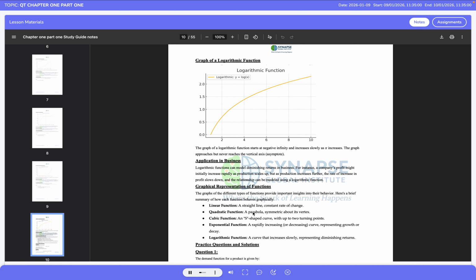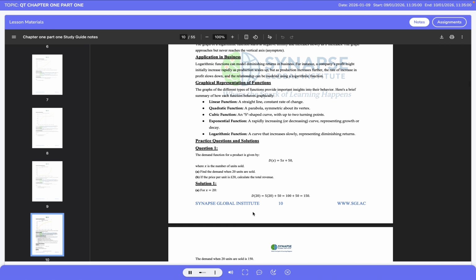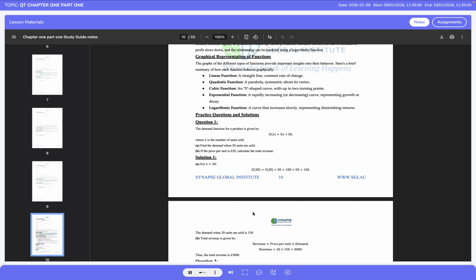An exponential function appears as a rapidly increasing or decreasing curve representing growth or decay. A logarithmic function appears as a curve that increases slowly, representing diminishing returns. Being able to recognize these shapes quickly is an important analytical skill in business decision-making.